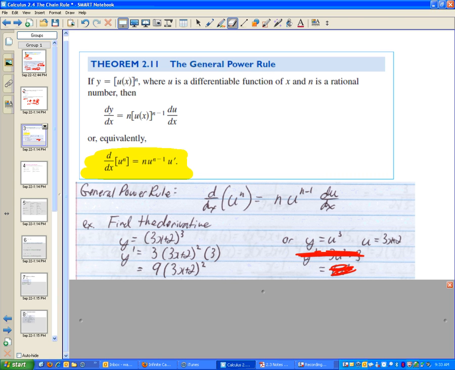All right, so if we've got y equals u cubed, where u is 3x plus 2, if u was just u, and that's all there was, we'd take the derivative and we'd get that. Then we'd multiply the 3's together and get that. Okay? But what is u? It's 3x plus 2. And we get the same thing.